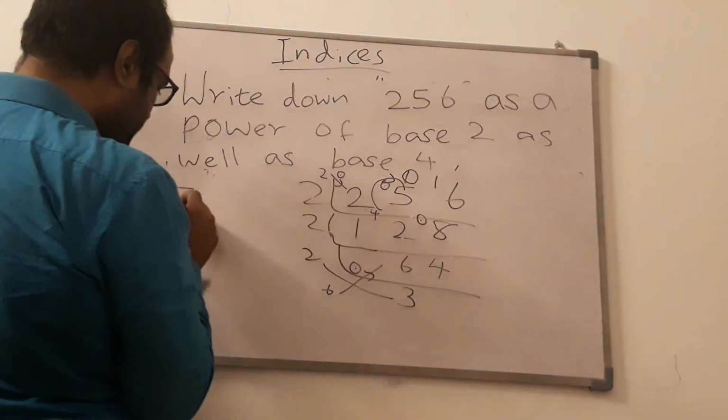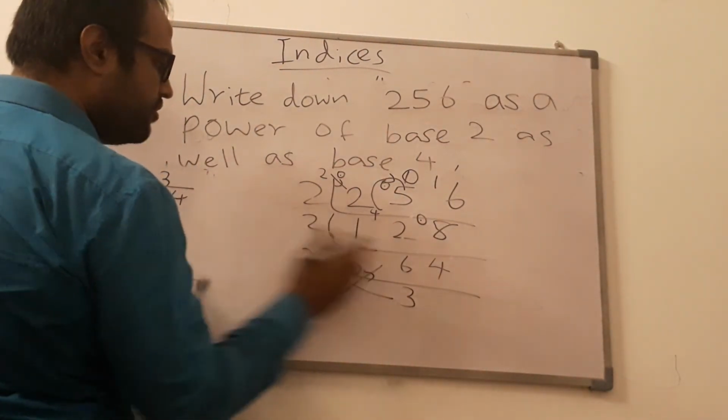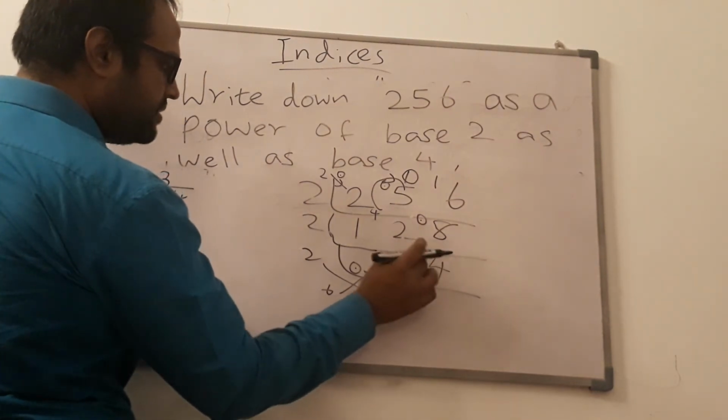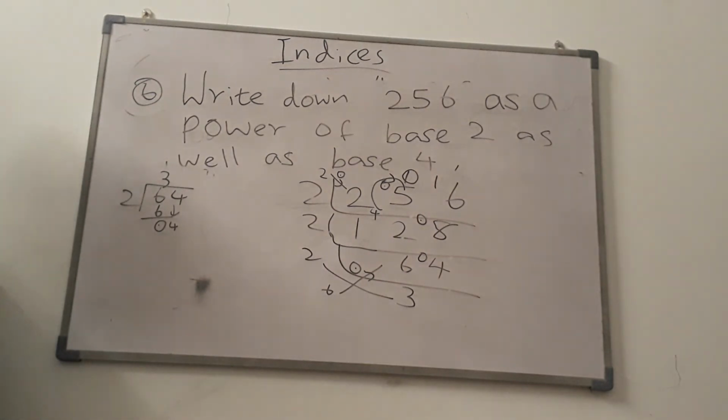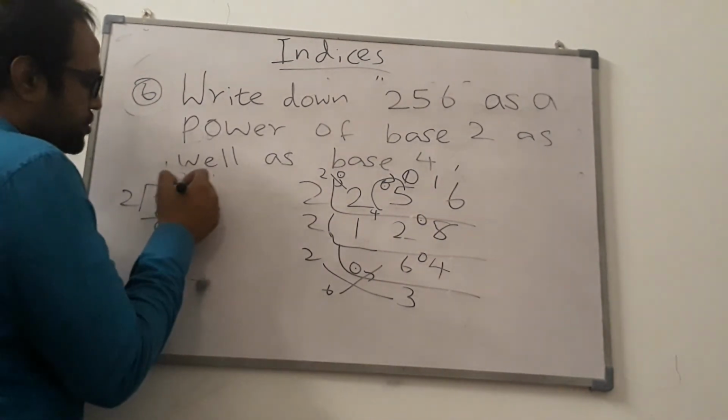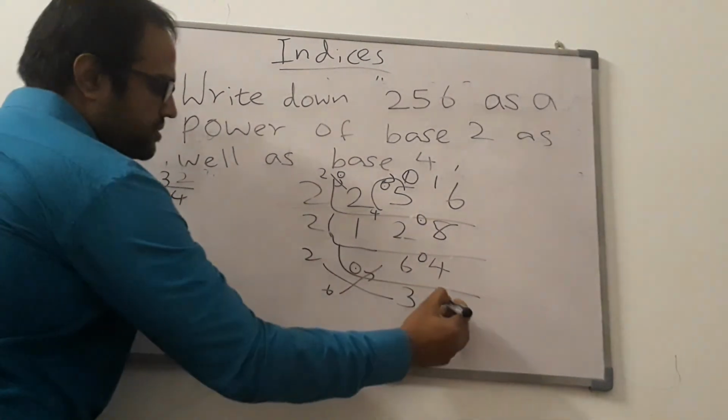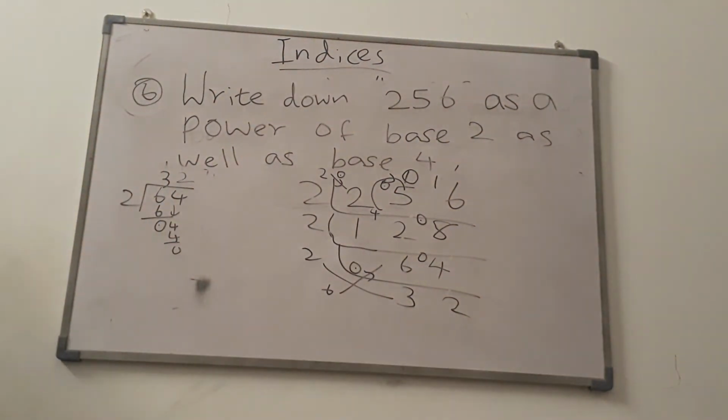And we have to take 4 down. So 0 and 4 together, 4. How many 2's are there in 4? 2 times 2. So 2. So there are 32 2's in 64.